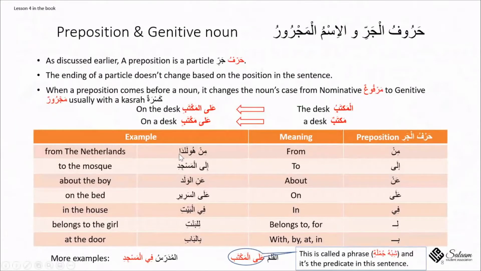There is a kasra, but we don't put it. In Arabic, if you're solving an exam, you say kasra muqaddara, which means a kasra we consider to be there, but it's not there. It's a genitive noun because it's coming after a preposition. Min Holanda, like here, ila al masjidi. But because this is a noun, there is a kasra.